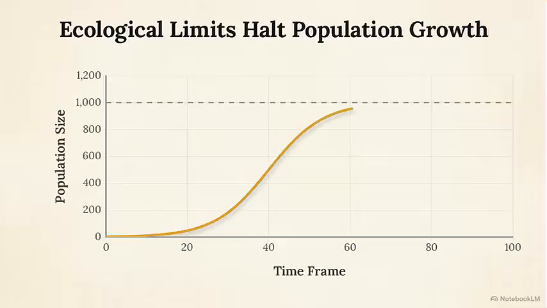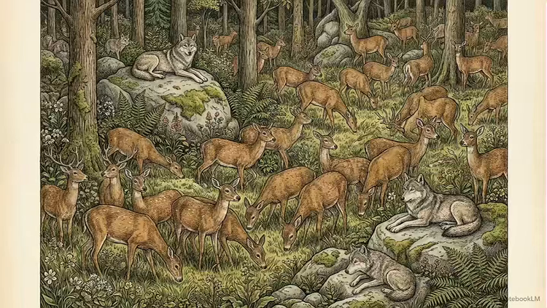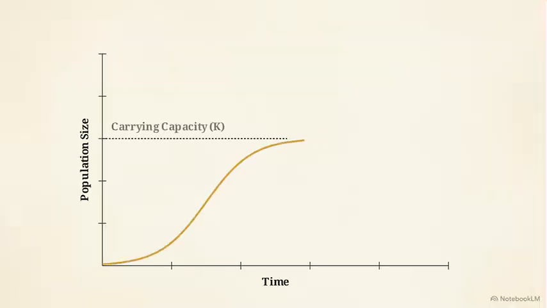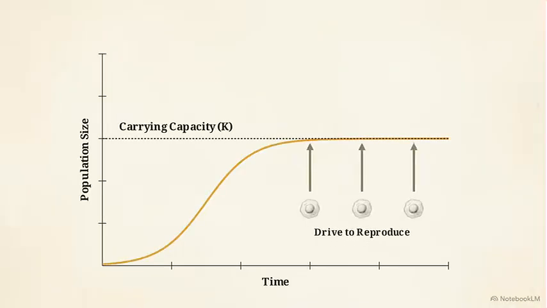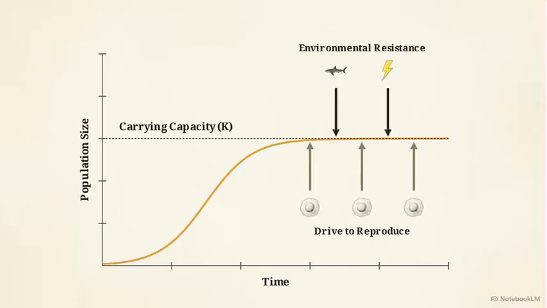This horizontal line marks the point where a species' biological potential is finally checked by ecological reality. A population resting at its carrying capacity exists in a state of constant high-stakes negotiation. It represents a precise equilibrium point where the drive to reproduce is exactly offset by environmental resistance.